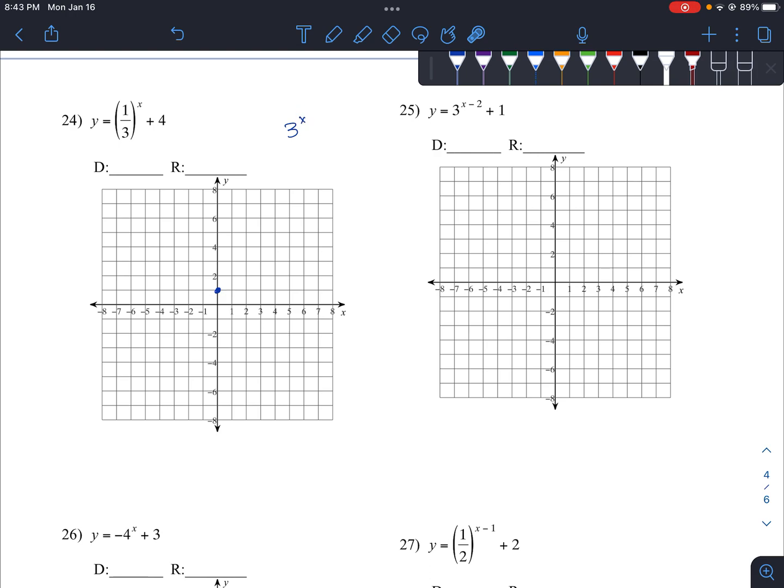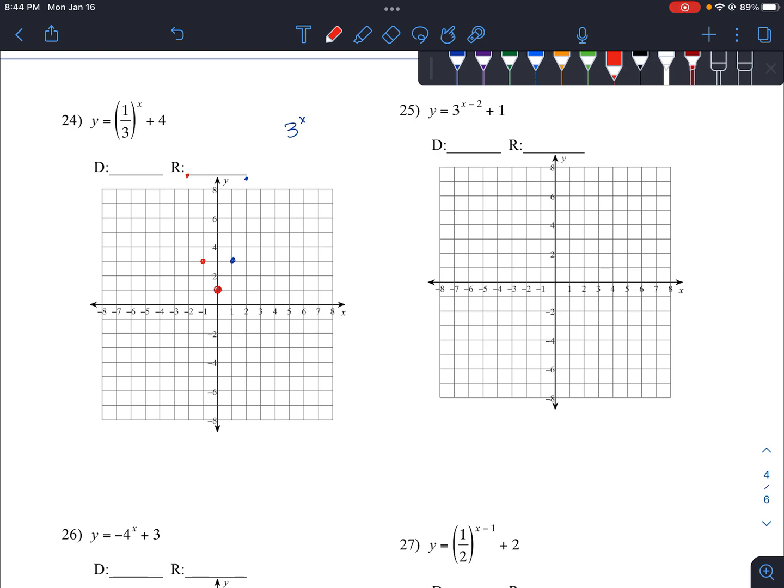So it would be right here. And then you can even go further. 3 squared would be equal to 9, so the next point would be right there. Now, because this is a base of 1/3, these points are going to be going the other way, so the next point would be right there.